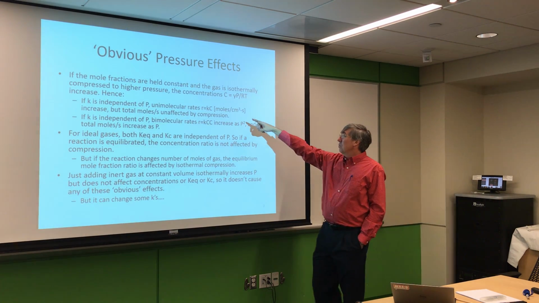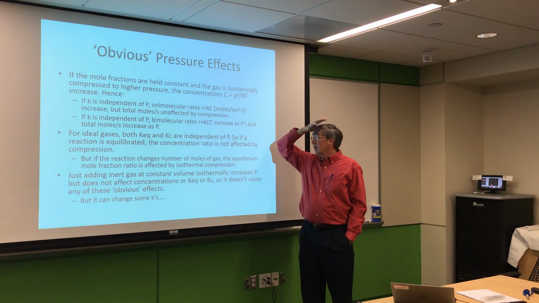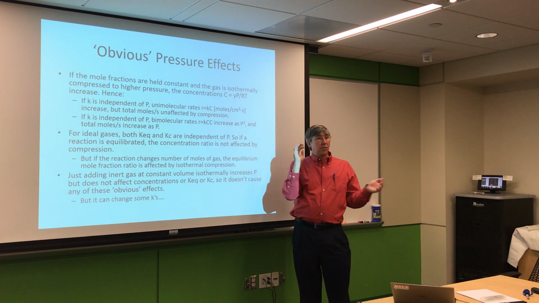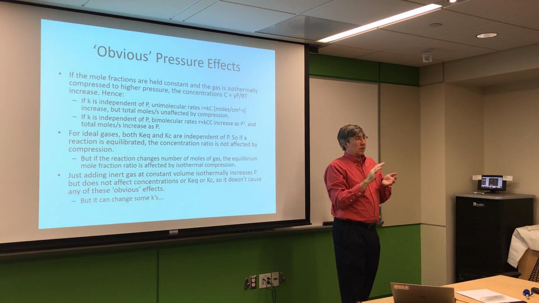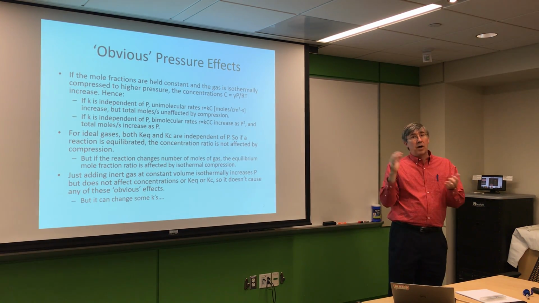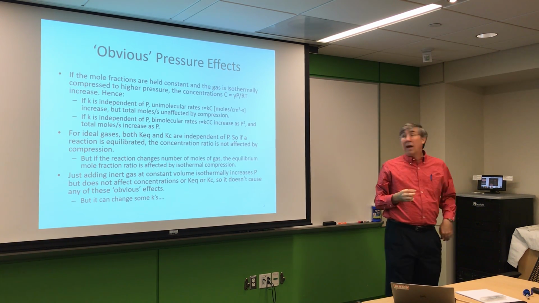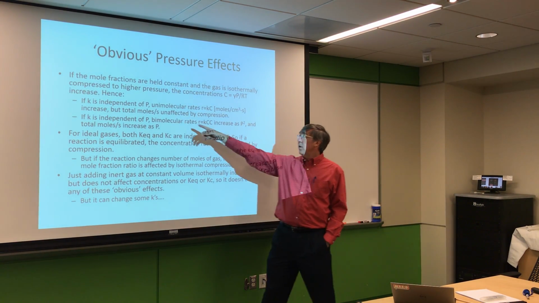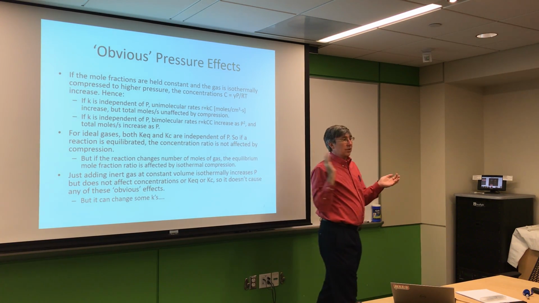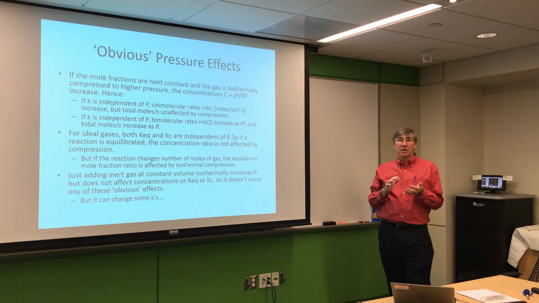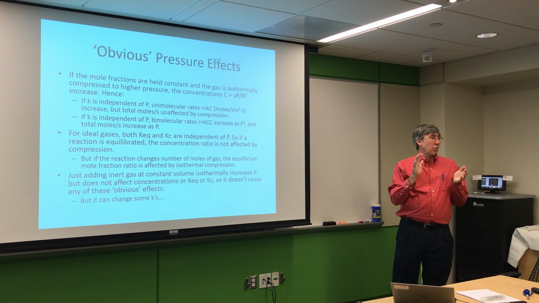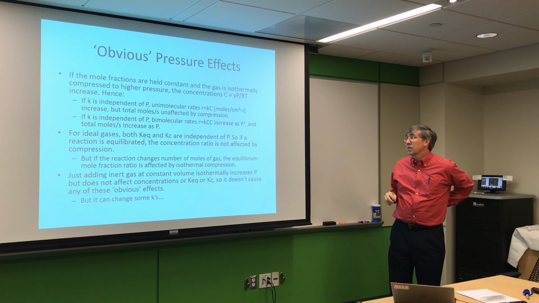But these are the rates in moles per centimeter cubed per second, and you've also made your volume smaller if you've compressed it. So if you multiply the rate times the volume, that's the total number of moles that's changing, say, in your piston. And that number will be unchanged by the compression. So for the first order reactions, if it's isothermal compression, to first order, nothing changes.